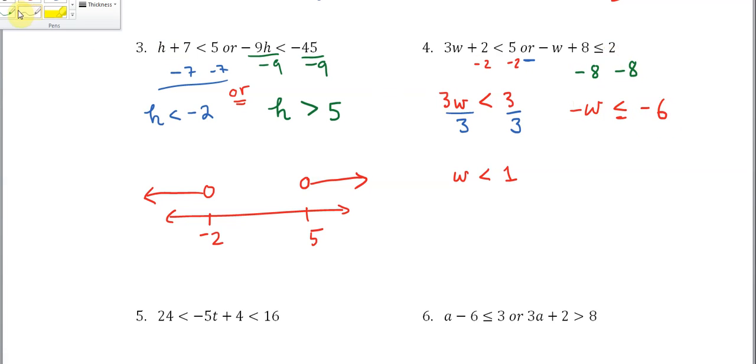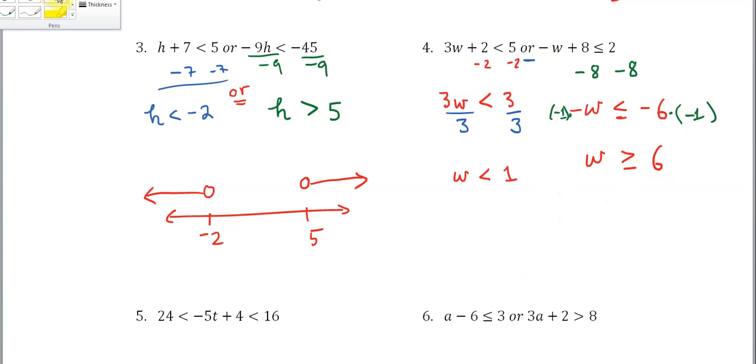Now, to get negative w by itself, we're going to multiply both sides by negative 1. And so on the left side, that gives us w, and on the other side, that gives us positive 6. And remember, we have to flip the sign because we're multiplying by a negative number.